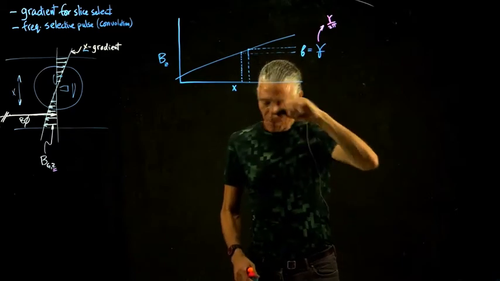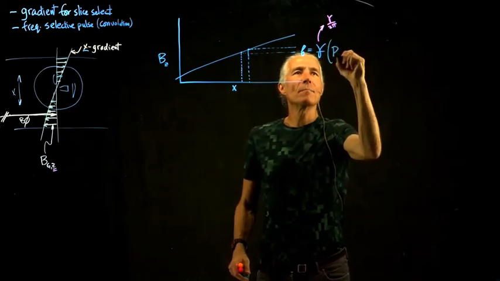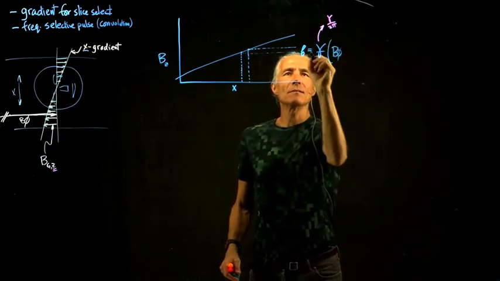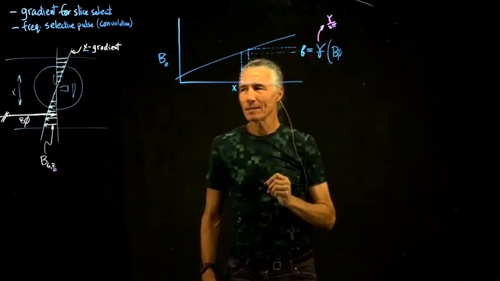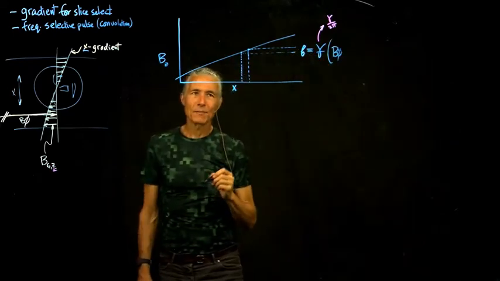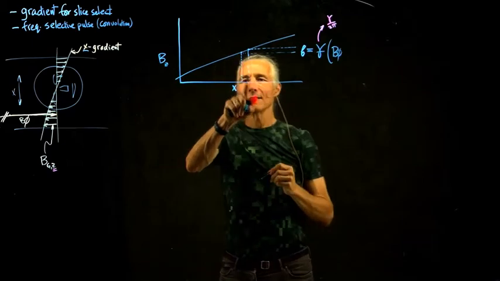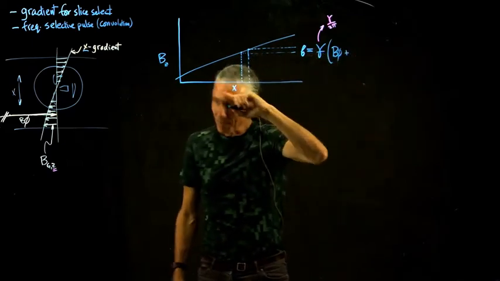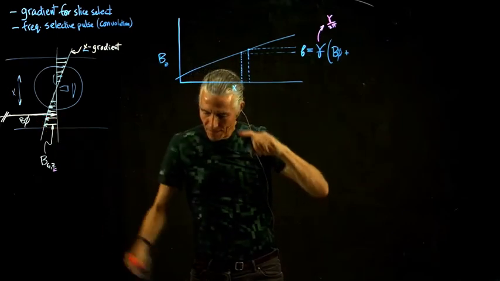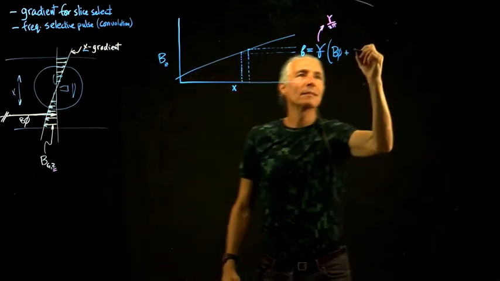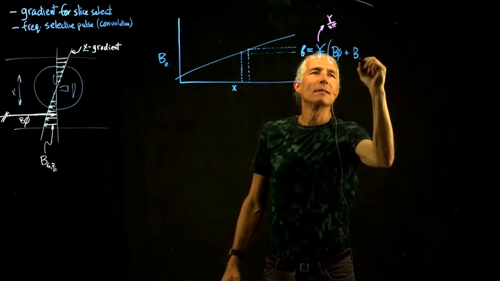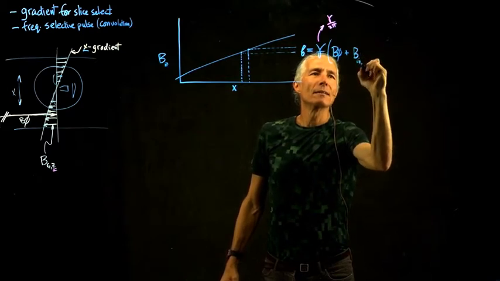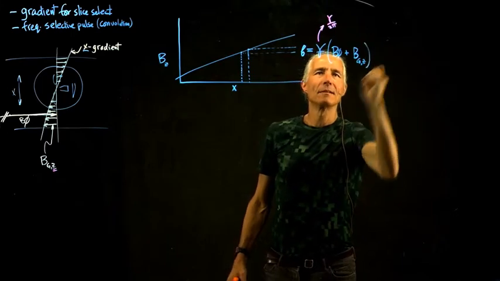And then what we want is whatever the B0 field is. What we're trying to find out is the frequency that we need to feed in order to select this particular slice. It's going to be equal to whatever the B0 is, plus the z component of the B gradient.